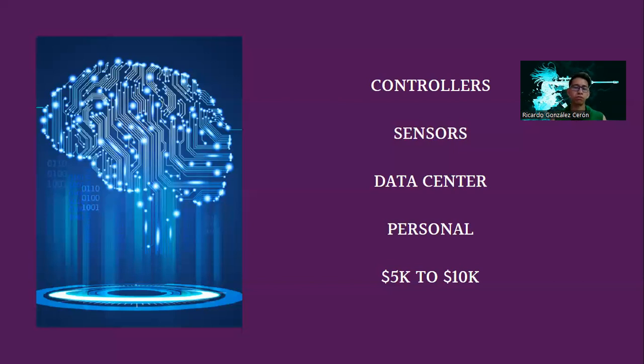This will cover the use of the data center, the personnel required to manage it, like technicians in informatics and technicians in electronics for maintenance, and the devices for sensing or control.